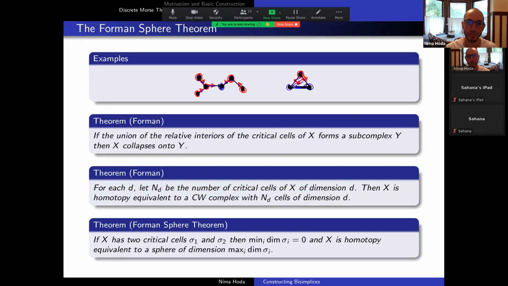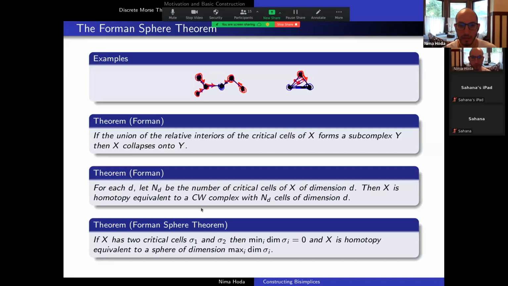Another theorem of Forman's is that if you have a Morse matching, then your complex is homotopy equivalent to a CW complex with the same number of cells of dimension D as there are critical cells of dimension D for every D.